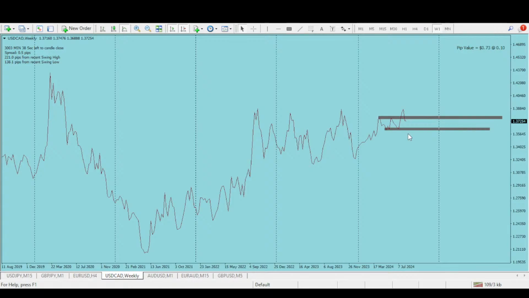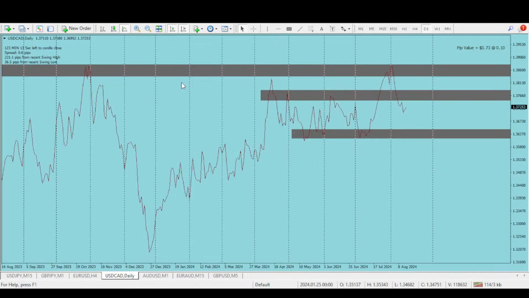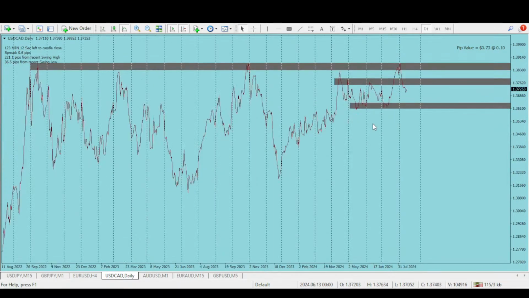Good. Then we can still draw. We have another swing here. Okay, so let's go to our daily chart to fine tune them. So here, okay, it's accurate.